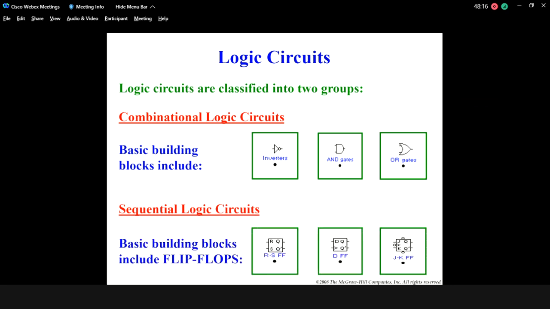Just like in the first example in the beginning of the class, that one is using conventional logic gates. And then the second one, we have sequential logic. Sequential logic basic building blocks include the flip-flop. Okay, so we have several examples here: RS flip-flop, D flip-flop, JK flip-flop, and also clocked RS flip-flop.